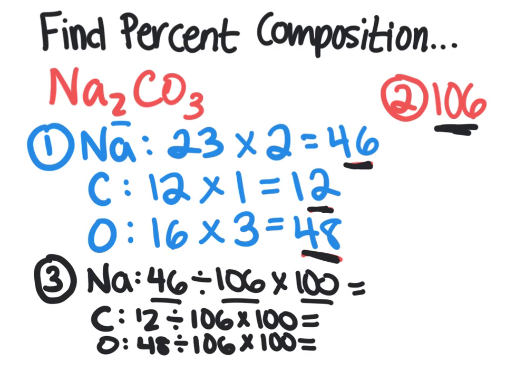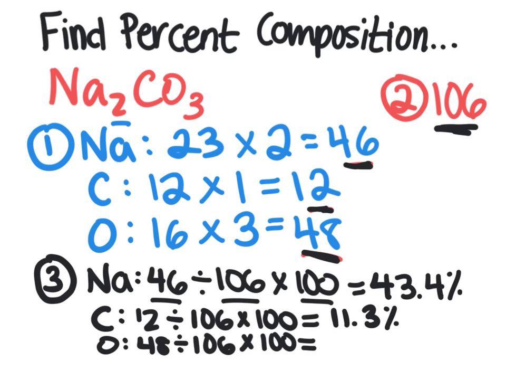So when we do the first thing, 46 divided by 106 times 100, we get 43.4%, which means 43.4% of this compound is made up of sodium. When we do 12 divided by 106 times 100, we get 11.3%.